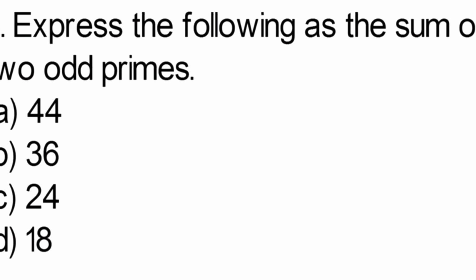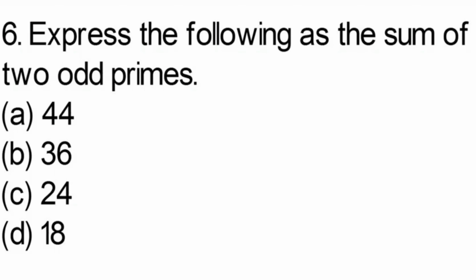Got it, students? Now question number 6 we have: express the following as the sum of two odd primes. See, it's a very simple question. Like the first question we have done, the sum of two odd numbers is equal to an even number only.